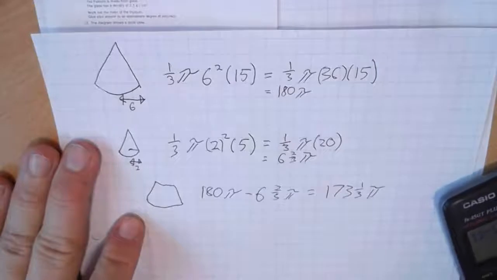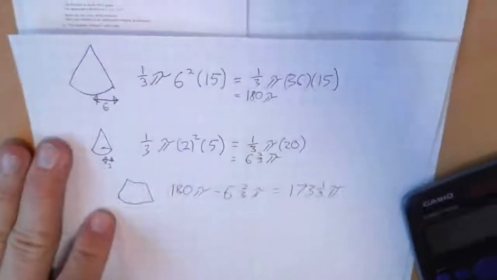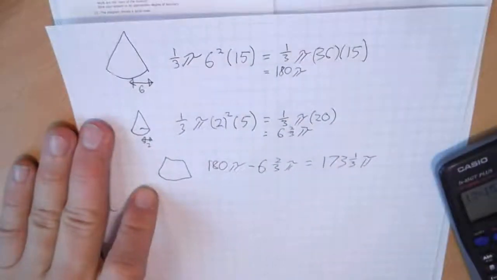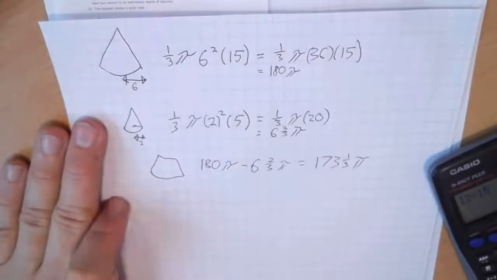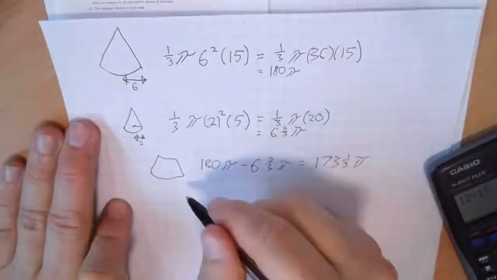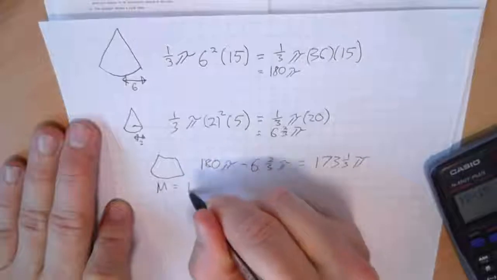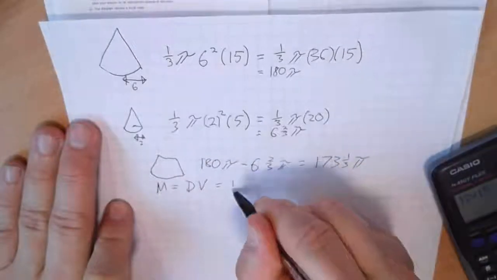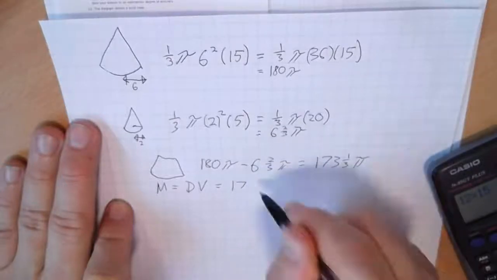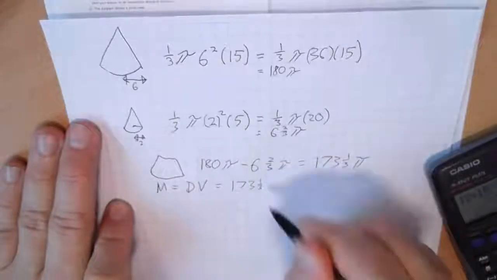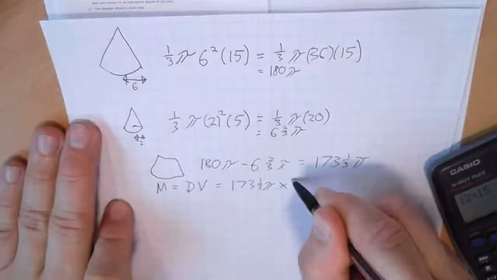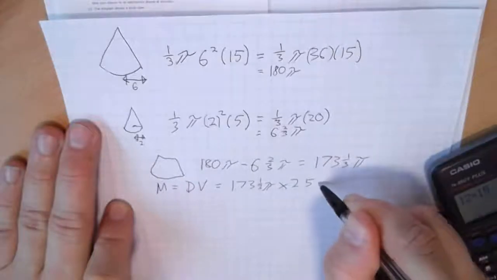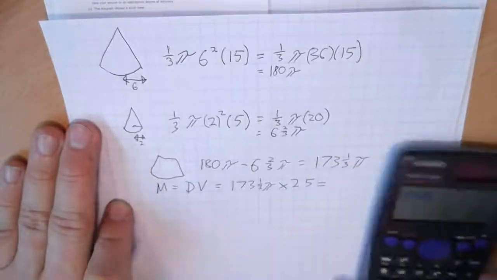Then the only bit that I've got left to do now is my mass is density times volume. So we need to remember that mass equals density times volume, which is therefore 173 1/3 pi times 2.5, because that's my density.